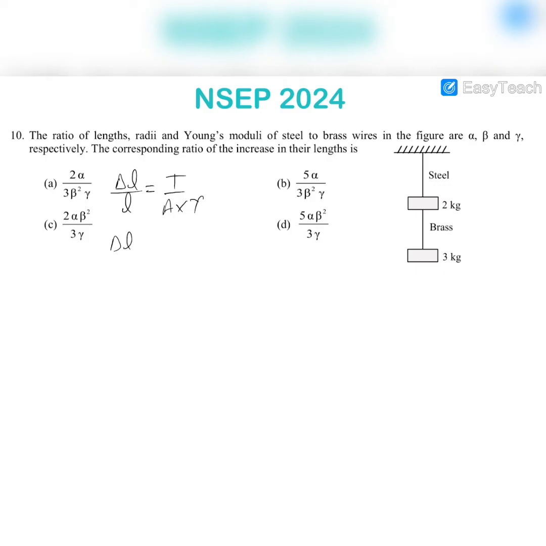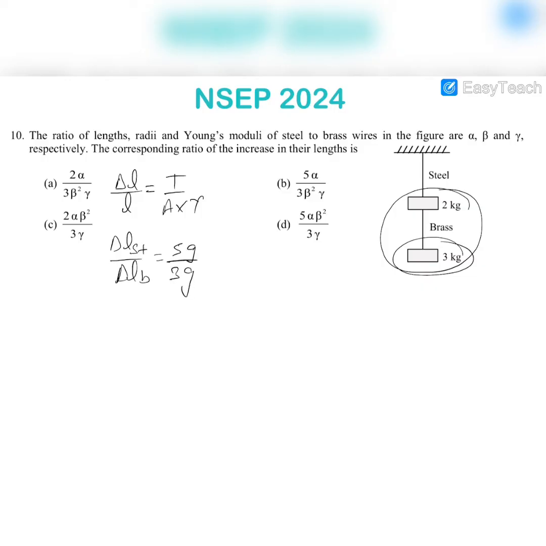So delta L steel upon delta L brass will be equal to, first of all, tension ratio. So we know that tension in steel is 5mg and tension in brass is 3mg. So this is 5g upon 3g.